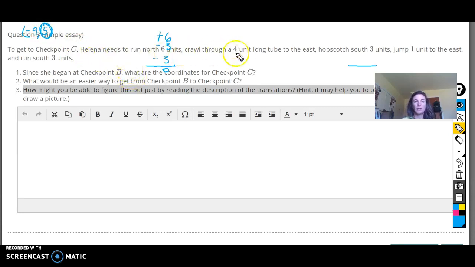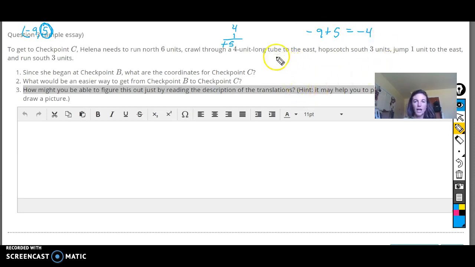Now let's check out our east-west. We have 4 units to the east, and east is our positive x-axis, so we'll say +4. And 1 more unit to the east, so +1, and that's it. So we're adding 5 to our x value, so -9 + 5 is -4.